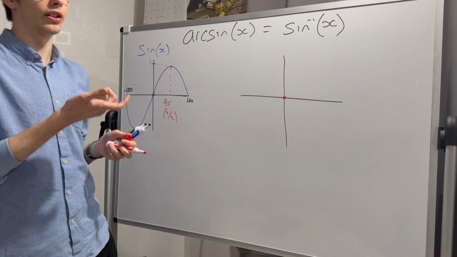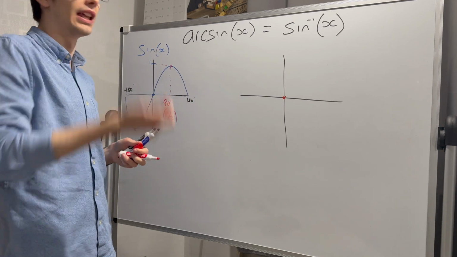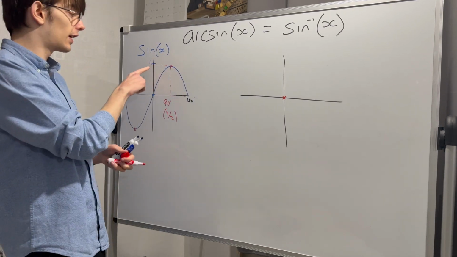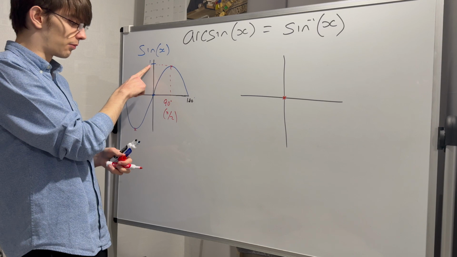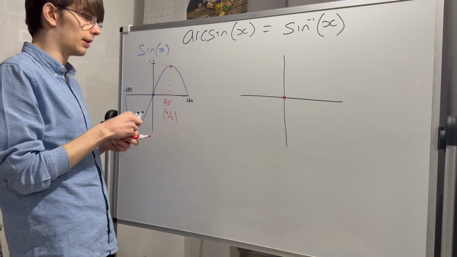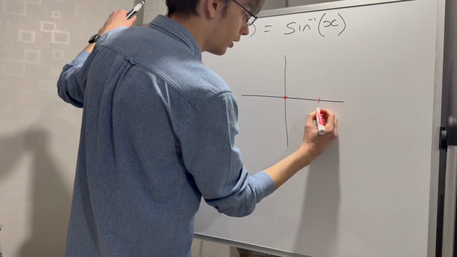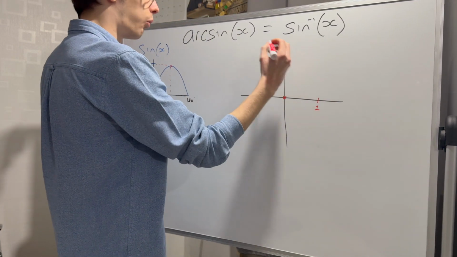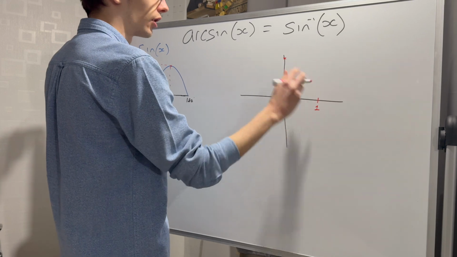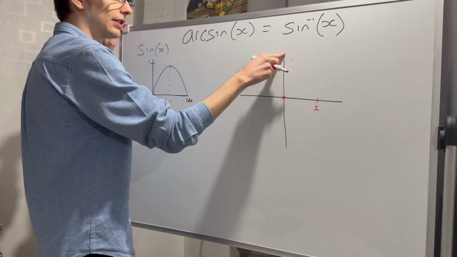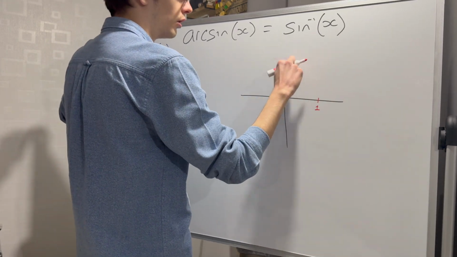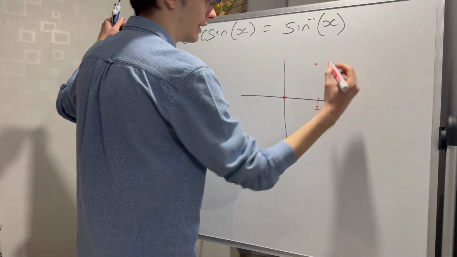So on my arcsine, they're going to be flipped. My x value is going to be 1, and my y value is going to be pi by 2. So if my x value is 1, my y value is going to be, we'll do a cross, it's going to be pi by 2. So let's say pi by 2 is up here.